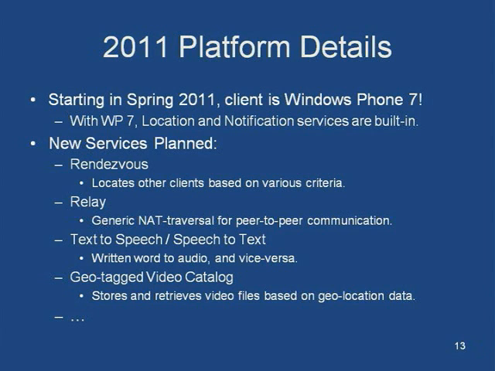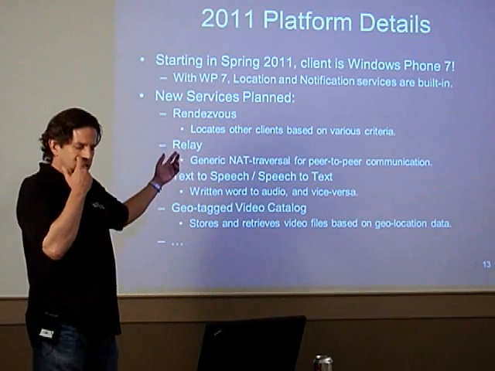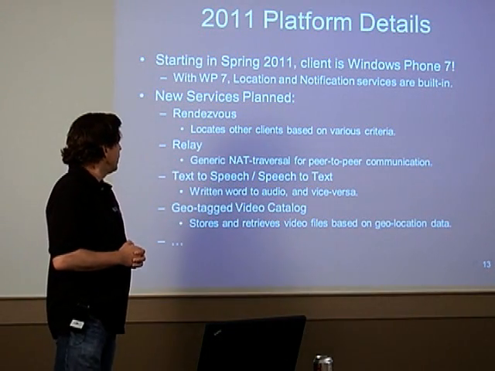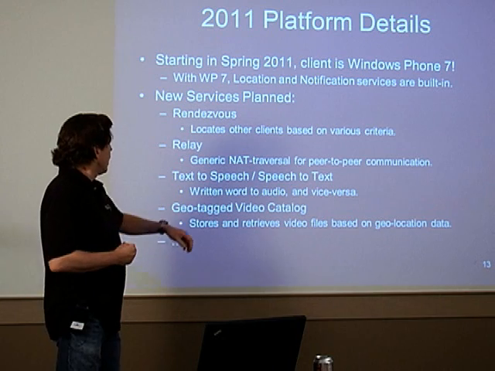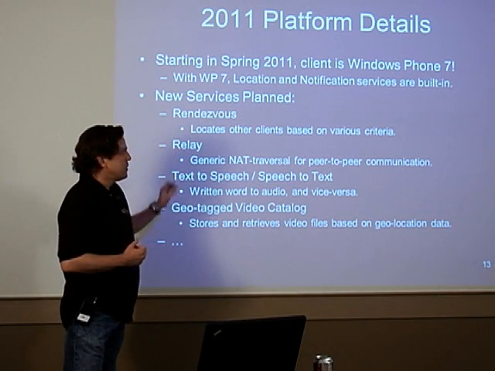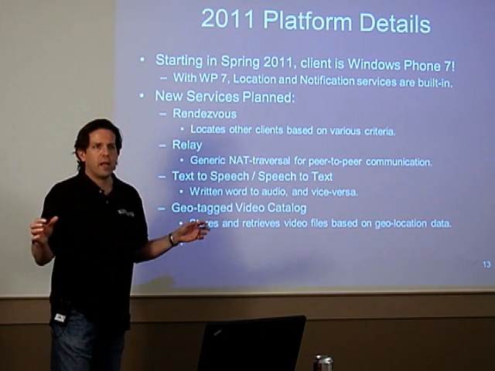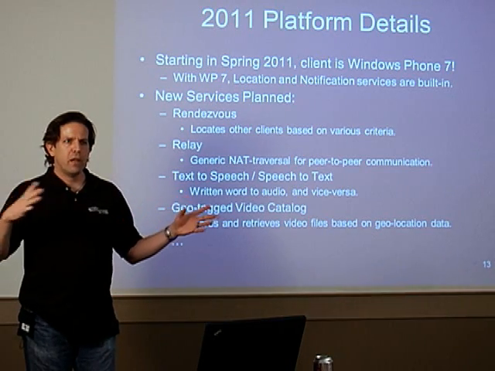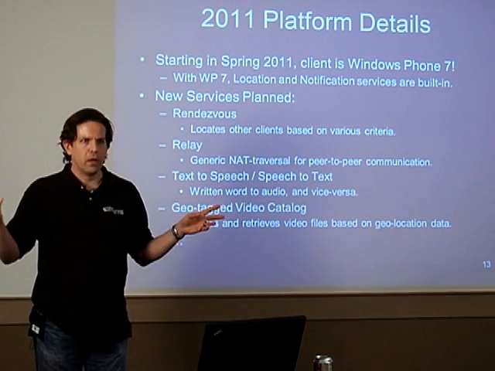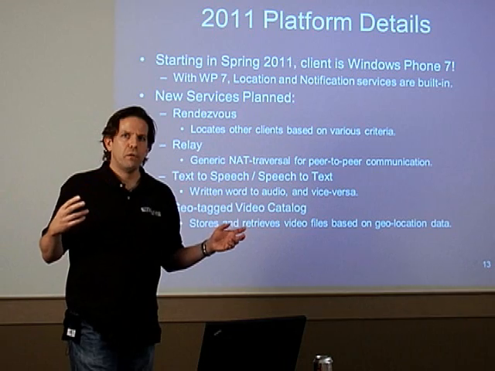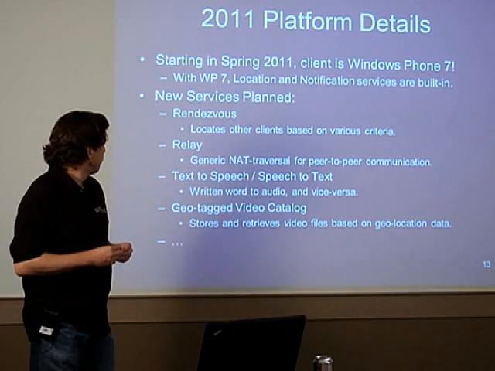But we have other services we're also planning to add in addition to the other ones that were on the previous slide. We're currently working on providing a rendezvous service, which is so 2 different clients that have some criteria for finding each other or other clients can use the rendezvous server to put them in contact with one another.